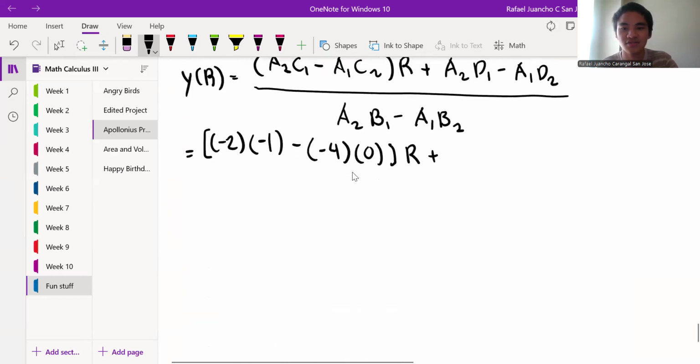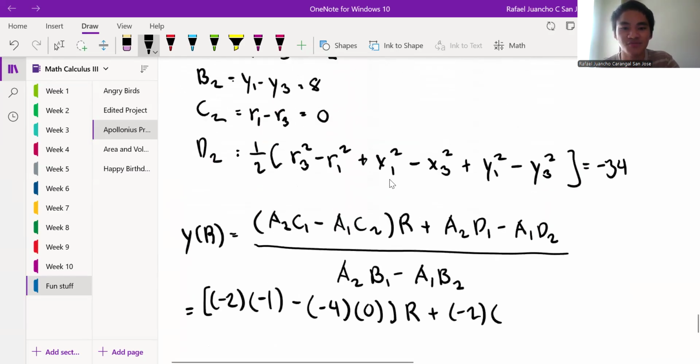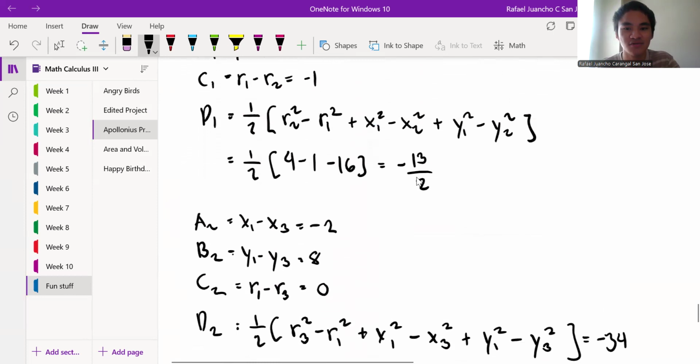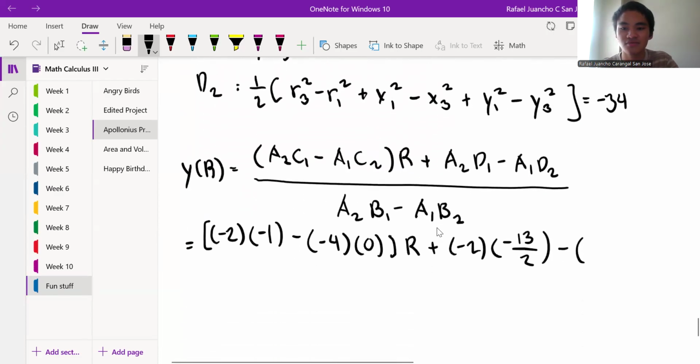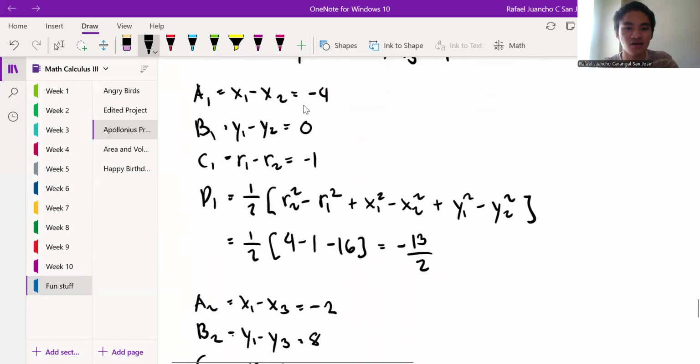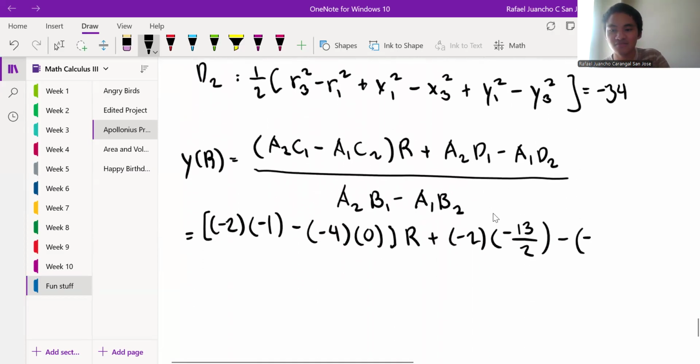-2 here. Just to play it safe, I'm just plugging in everything. D1 is -13 over 2. Ooh, this becomes 13. A1D2 was -4. D2 is -34.